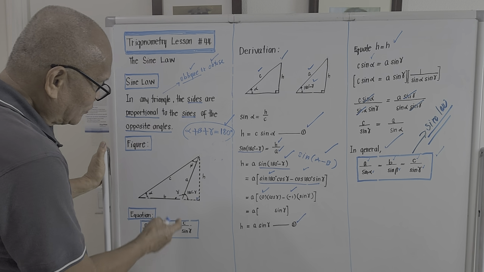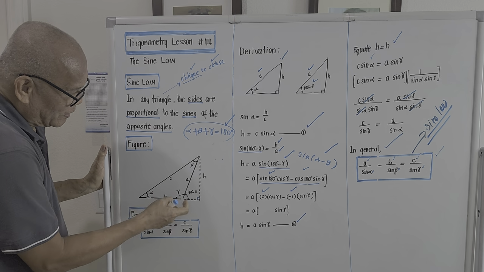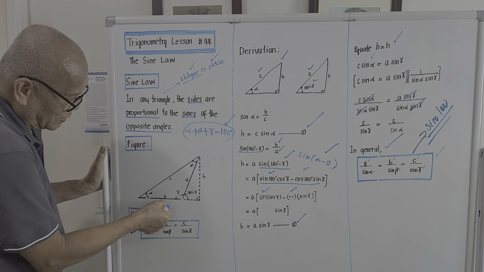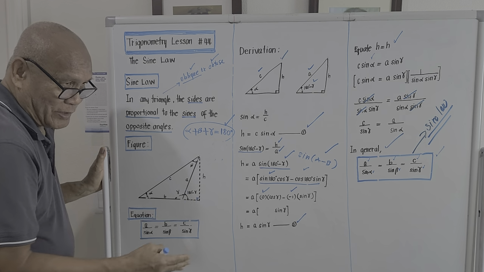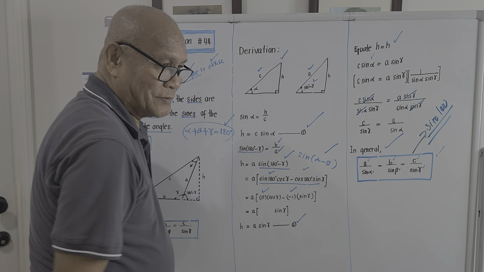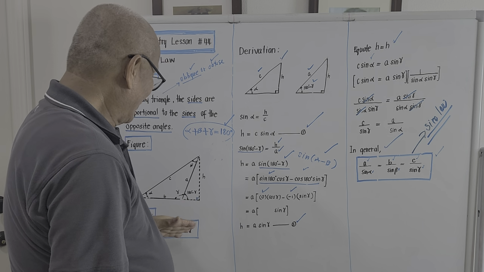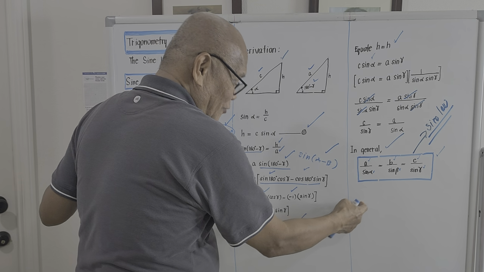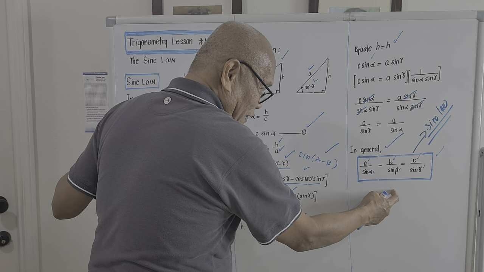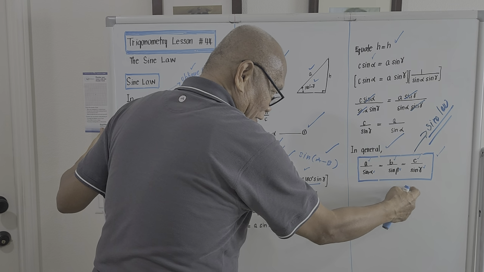So if we refer to gamma, it should be side C. If we refer to beta, it should be side B. If we refer to alpha, it should be side A. So in the formulation of sine law, we should look at our figure. It should be A over sine of alpha equal to B over sine of beta, and this should be equal to C over sine of gamma.